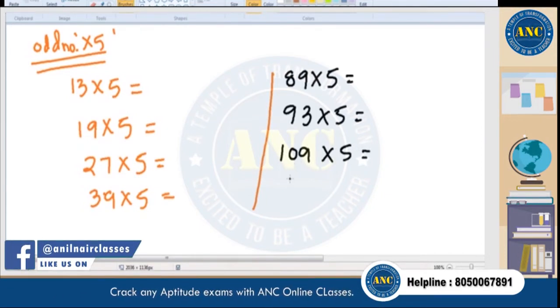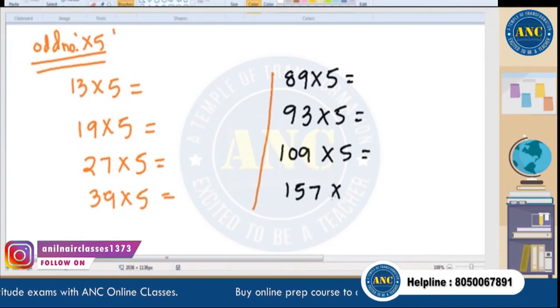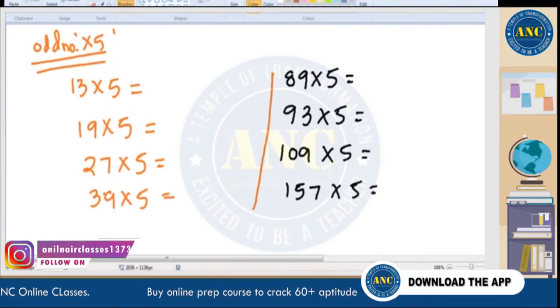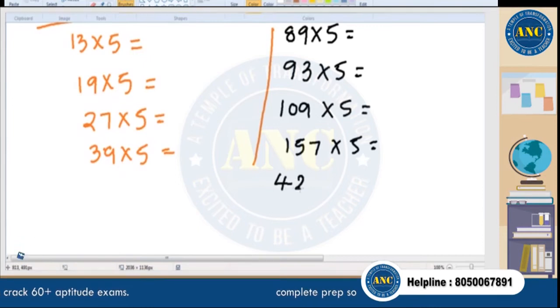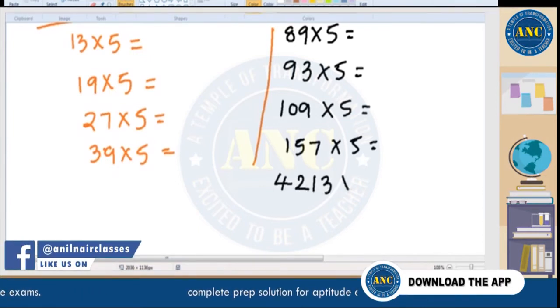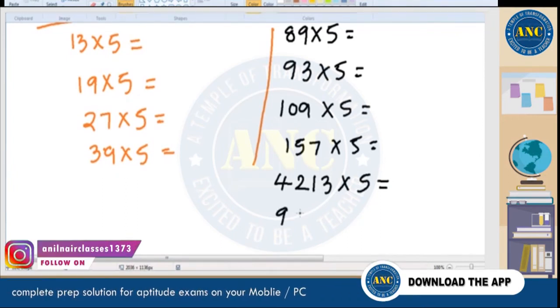The entire list is of odd numbers, sir. Let it be 157 into 5. These are 3-digit. If you wish, I can extend it to 4-digit, 5-digit. Anything is okay to me. 4213 into 5. I don't have any problem with this.